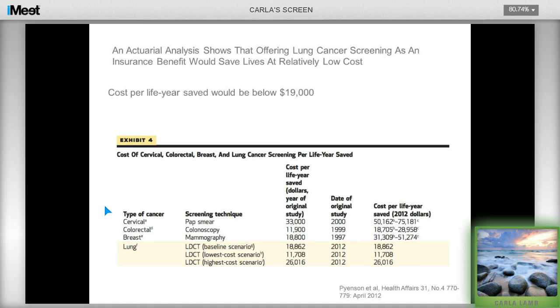And we have to say, if you look at all the things that we currently screen for as part of preventive health and health maintenance, there is no other cancer screening that has been as well studied as lung cancer screening. It just doesn't exist. And NLST did a tremendous service by looking at this in such a scientific way.